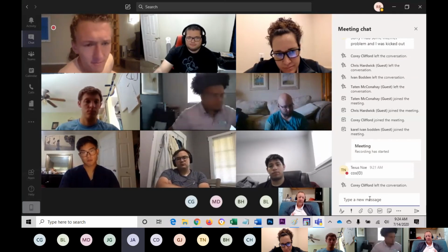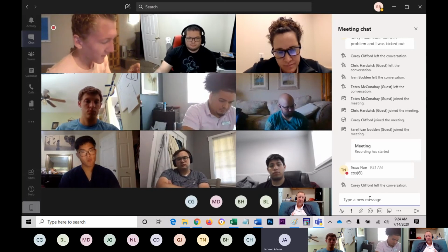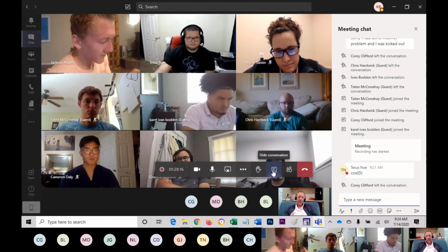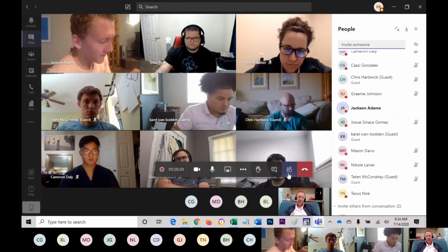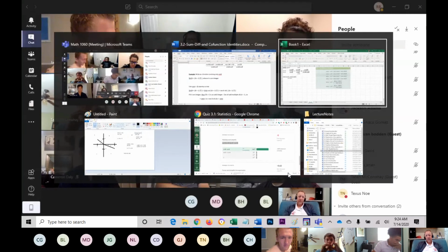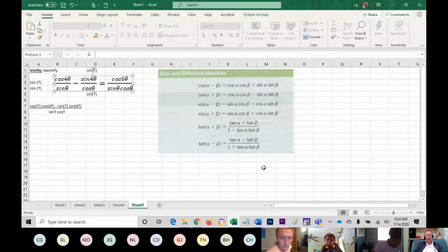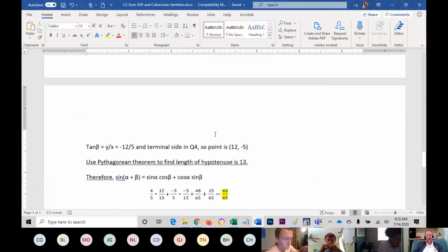I had a question. Okay, go ahead. Can we make a sum difference identity for cotangent by just inversing the fraction for the tangent? Oh, so the cotangent. Let me think about that. You've got to be careful with that kind of stuff.